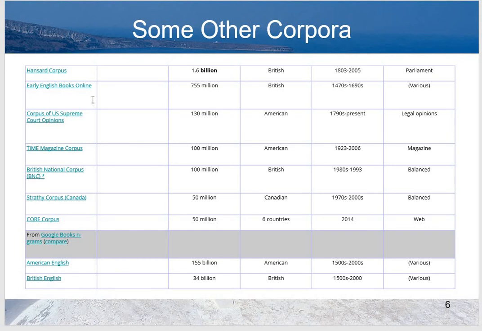Some other corpora: Hansard corpus, Early English Books Online, Corpus of United States Supreme Court Opinions, Time magazine corpus, British National Corpus, Strathclyde corpus, Corpus of Canada. If you want to learn the Canadian English variety, or you want to compare American, British and Canadian varieties, you can use this corpus. Core corpus, Google Books Ngram, and American English, British English.